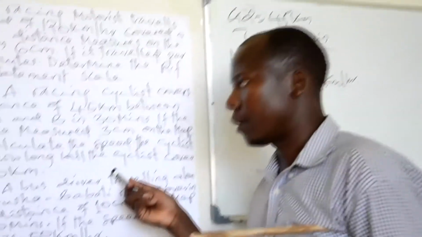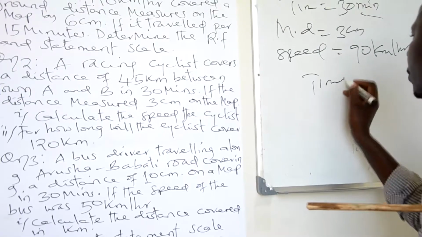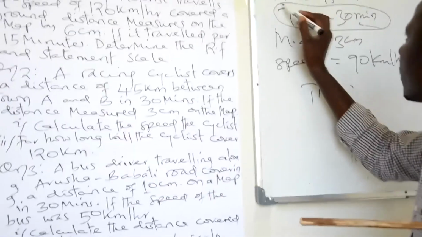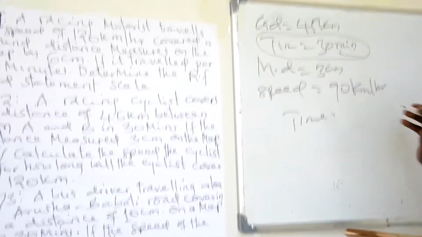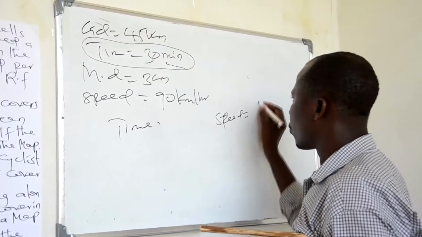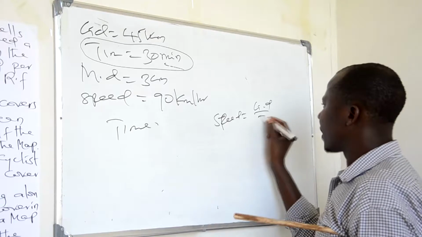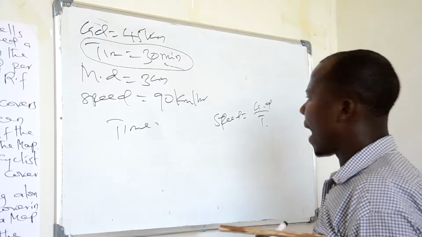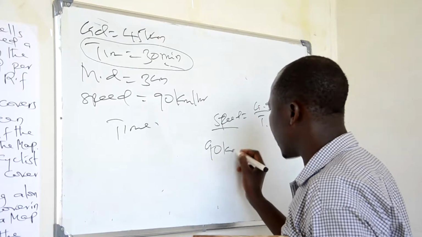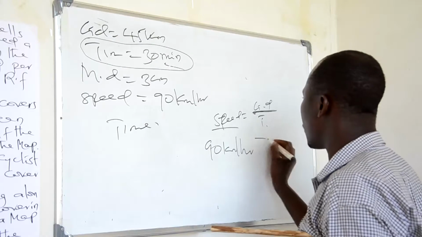Therefore, time we don't have. Speed is equal to ground distance over time. Speed we have, which is 90 km per hour, and the ground distance we have, which is 45 km. But for how long?